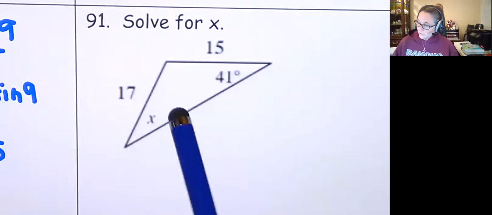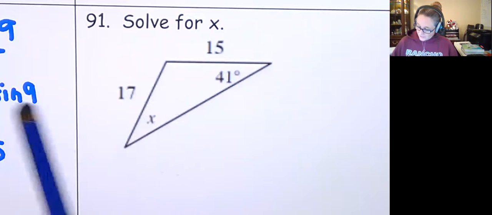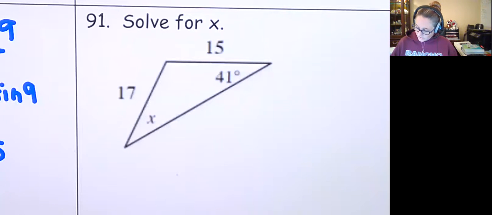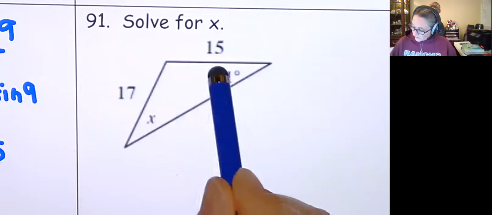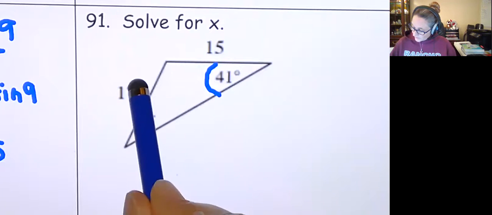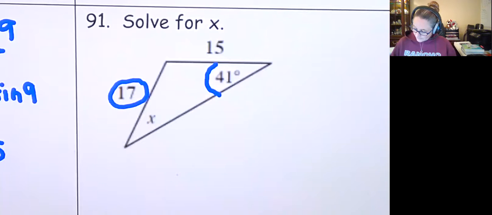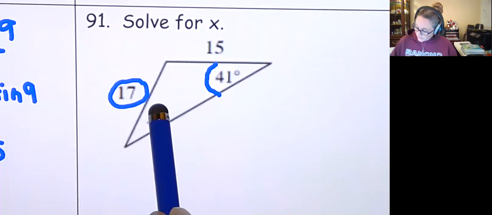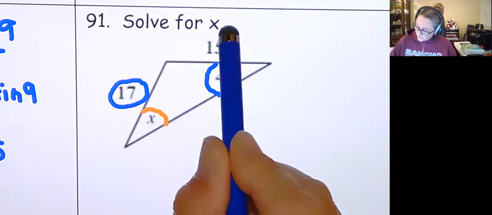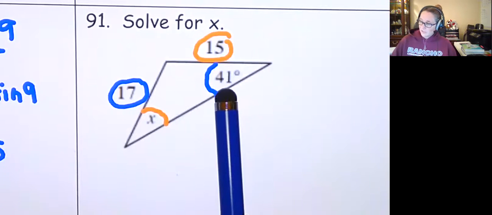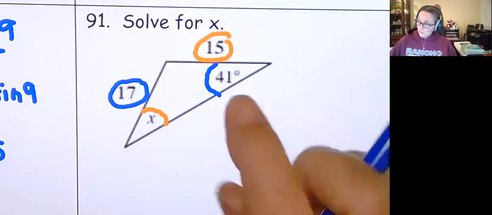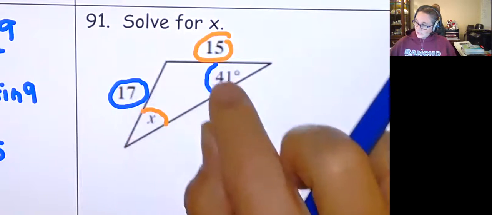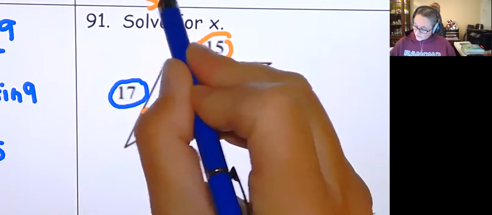So this one I'm solving for x, it's right here. And this one is going to be law of sines. Again, let's kind of match things up. I know this angle and I know the side opposite it. So that means I'm going to be using law of sines. I'm trying to find this angle and I know this side opposite it. Now, this is side side angle.